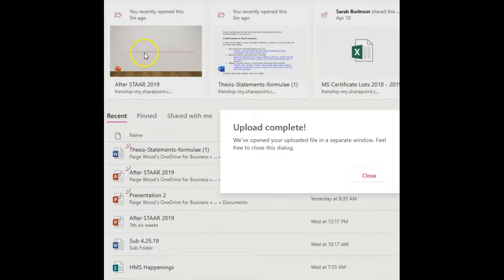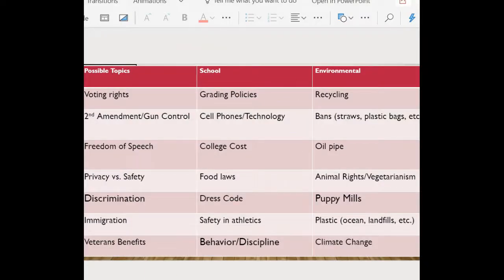So as we look at our topics, these are some of the topics that we talked about as a class. We want it to be something that's arguable, okay? So you don't have to pick from this list, but this list is here if you want to use it as a jumping off point, or if you want to just take one of these topics and run with it.